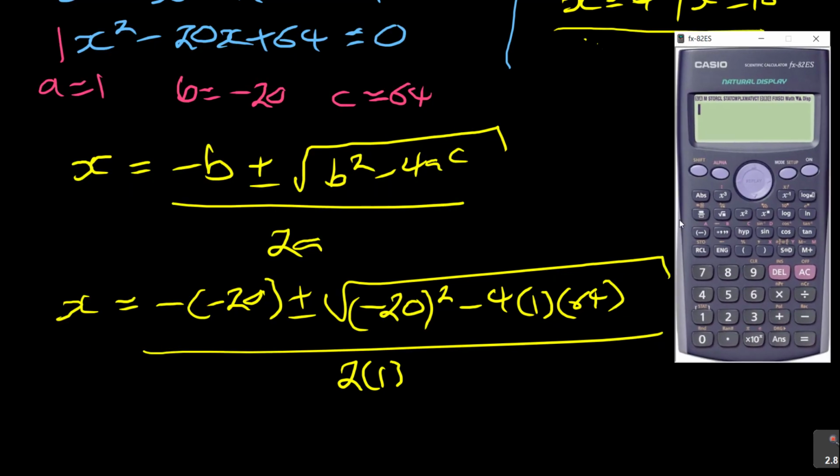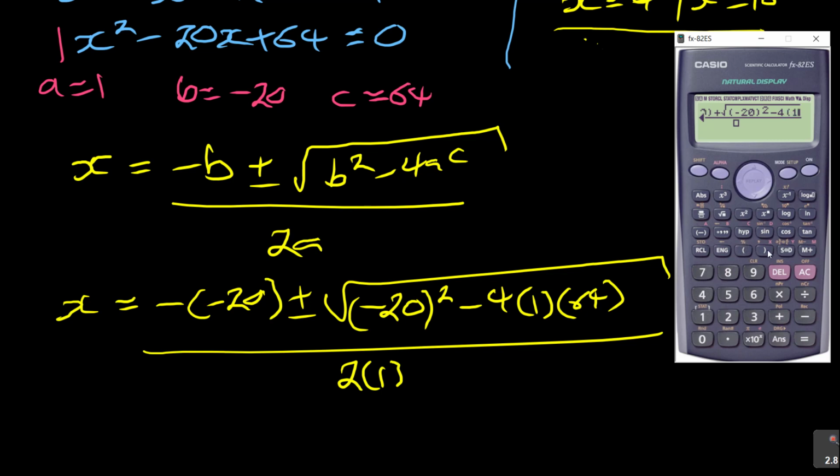So when you do that, let's look at it. Fraction, minus b, which is negative 20, plus square root of bracket negative 20 squared here minus 4.